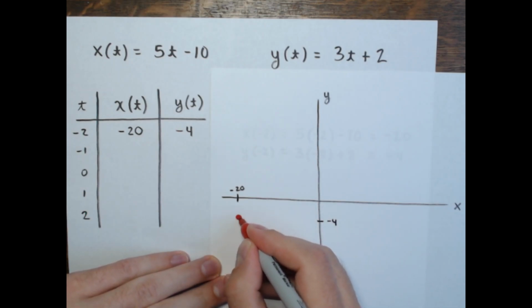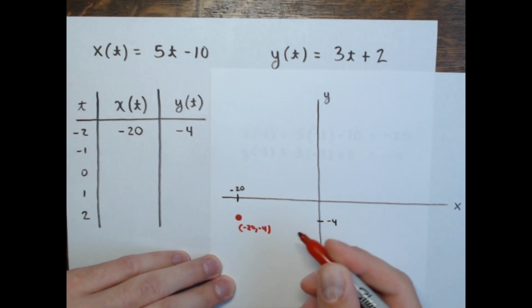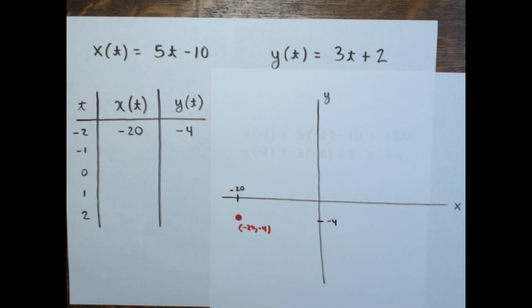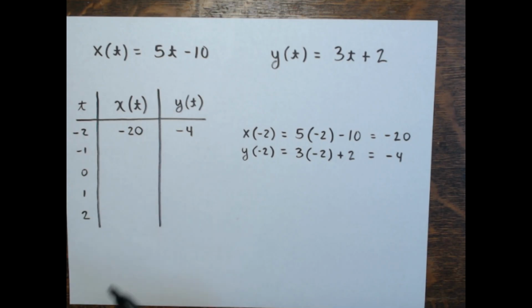I'll plot the point. Here's -20, comma, -4. And sometimes they'll also label with the value of the parameter. So this is when t equals -2 right here. Okay, and I'll come back to this. I'll keep bringing this xy plane back and we'll add to it.